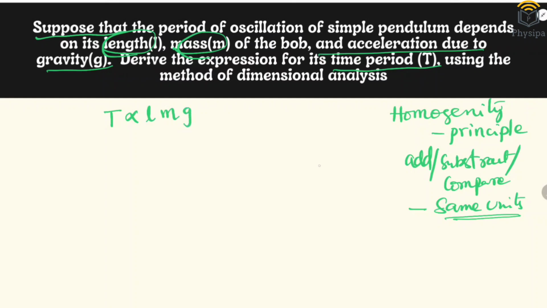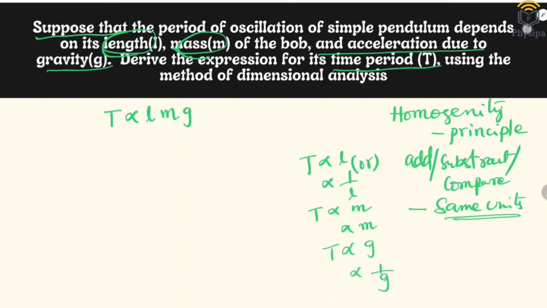We don't know whether the time period is directly proportional to L or inversely proportional to L. In the same way, we are not aware whether the time period is directly proportional to mass or inversely proportional to mass. And finally, we don't know whether the time period depends on the acceleration due to gravity g directly or inversely.